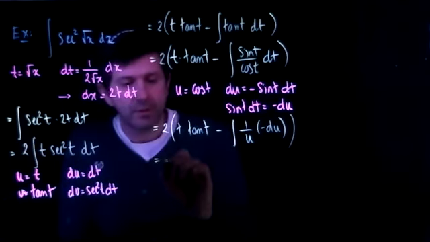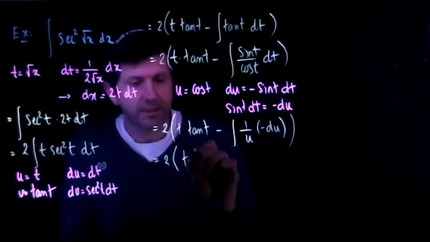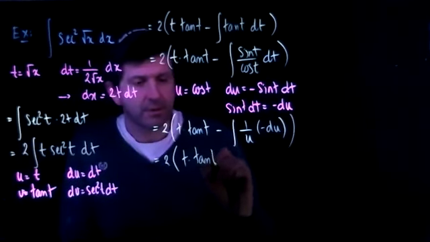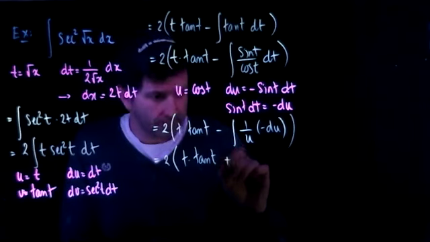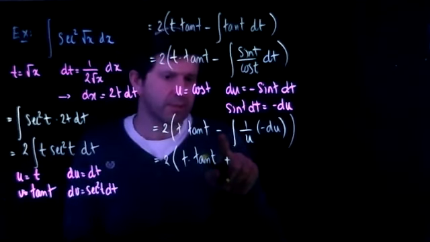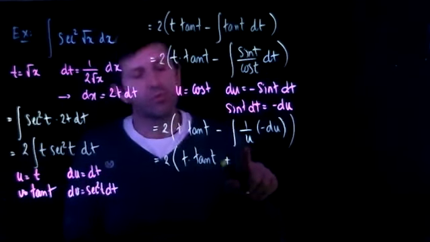Okay, so it's 2 times t tan t plus, right, minus minus plus, and the antiderivative of 1 over u is ln of u.